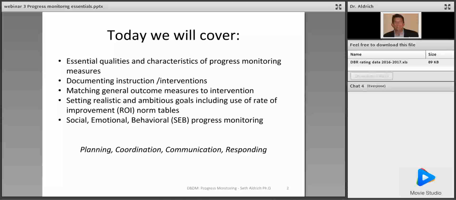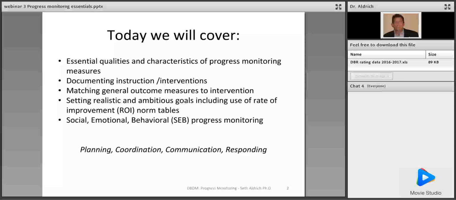So making sure that whatever you're doing, your measure for progress monitoring is sensitive to what you're doing. We'll spend a lot of time on setting realistic and ambitious goals for students. There are different ways of setting realistic but ambitious goals, and there's some new information out there, especially in the past 4 or 5 years, that I think has really changed the game in terms of how we set goals for students.